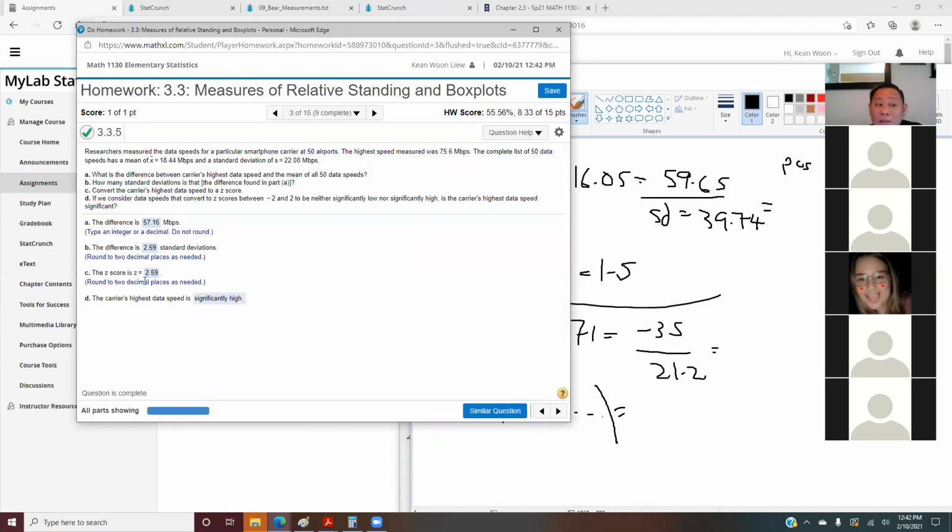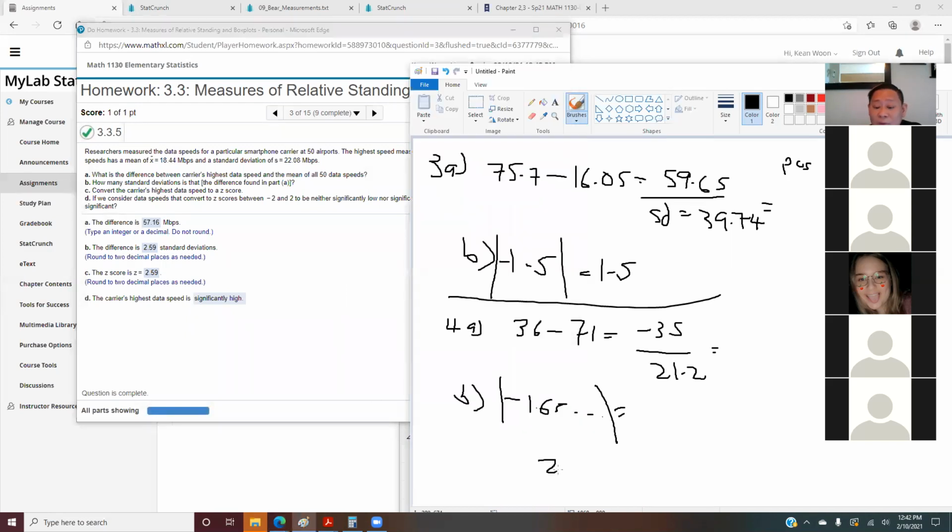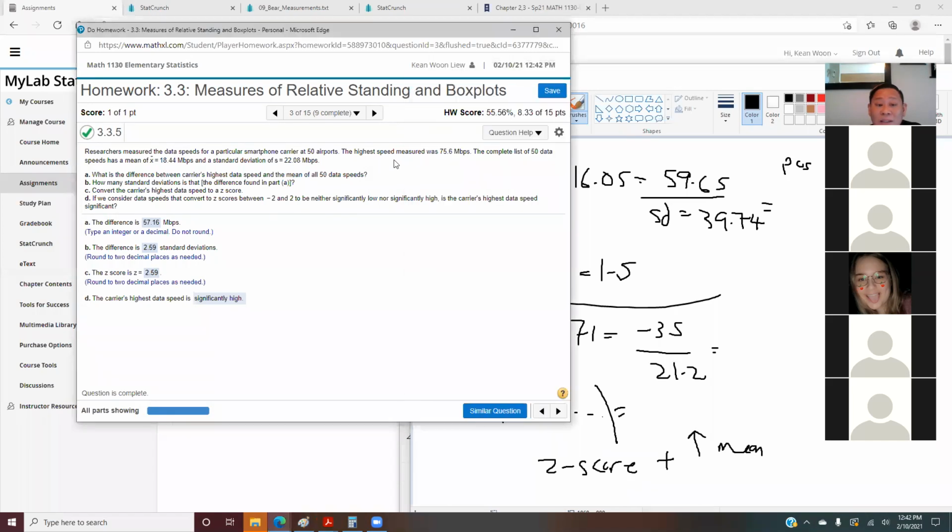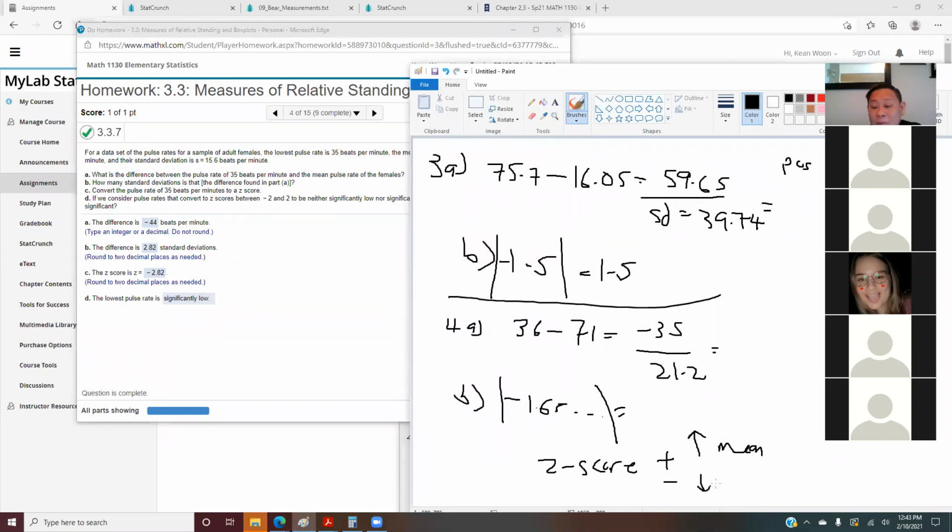Don't forget, what is the meaning of a positive or negative z-score? A positive z-score means above the mean. So the z-score is positive because the number you measure is above your mean. But for question number 4, your z-score is negative because the number is below the mean.